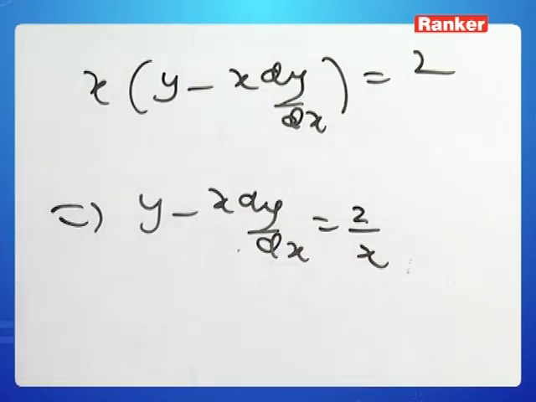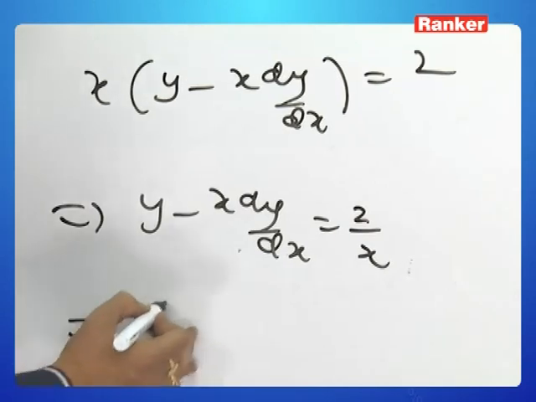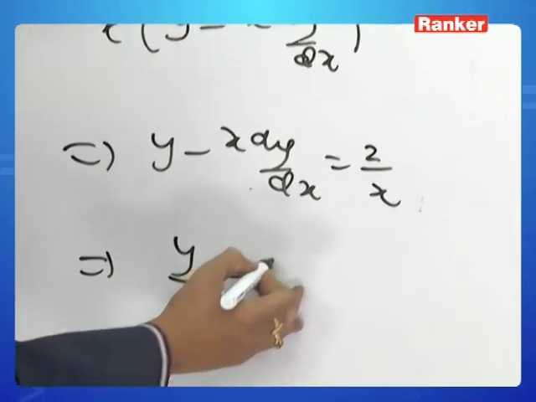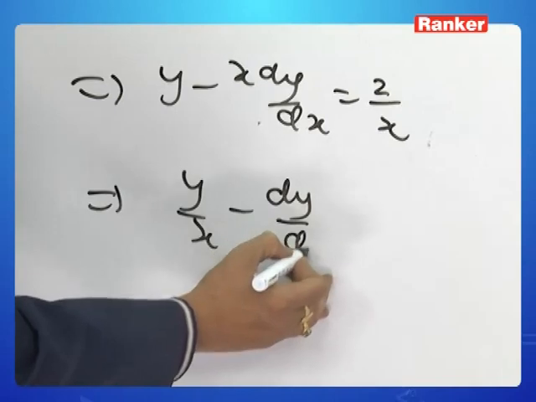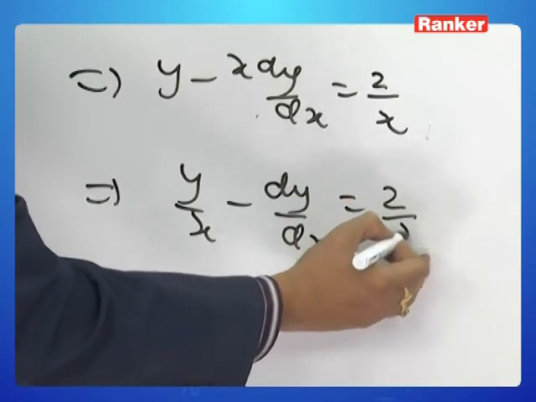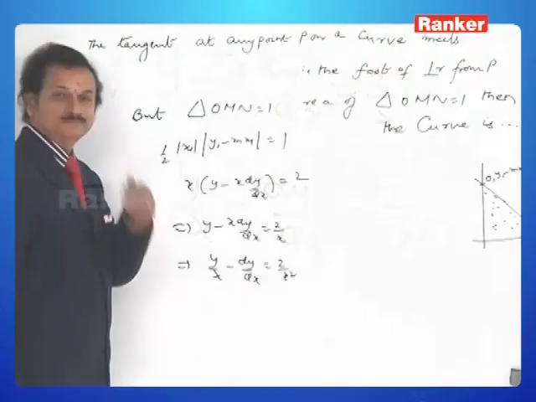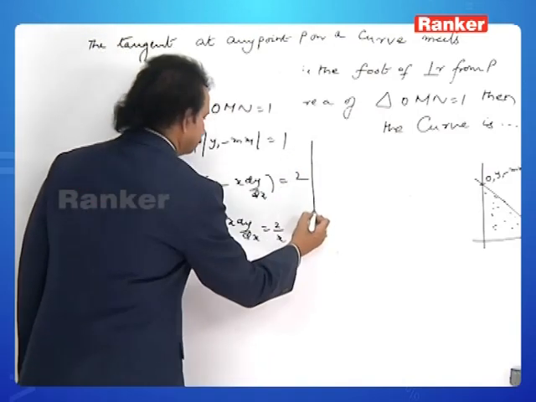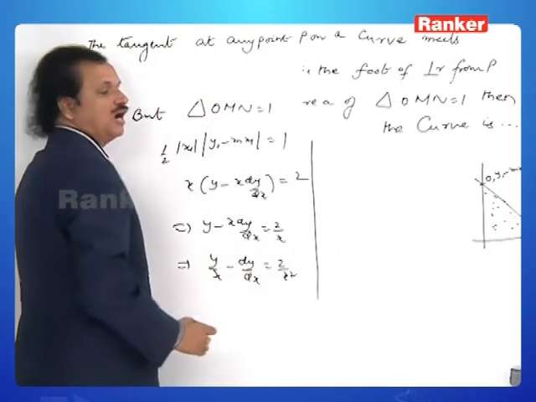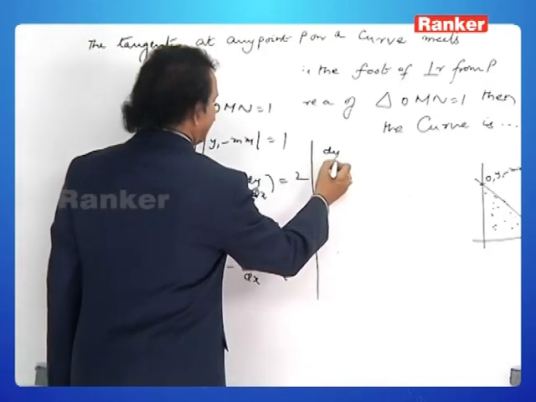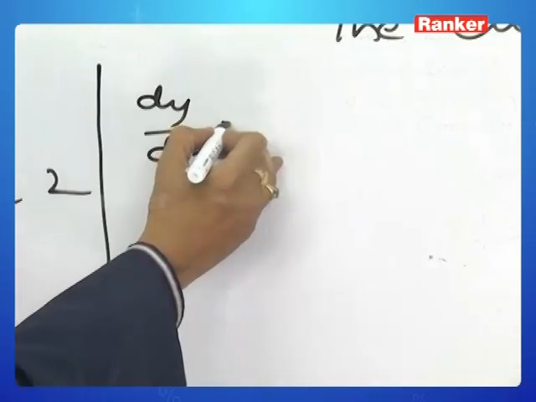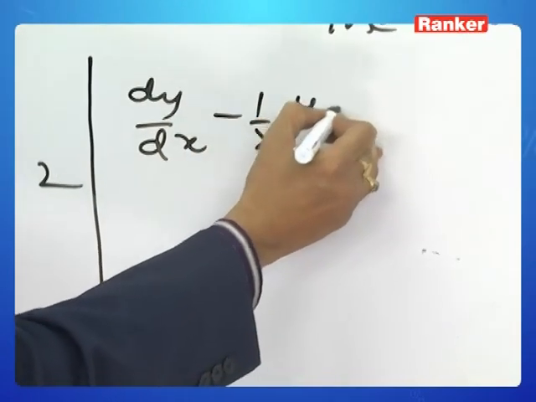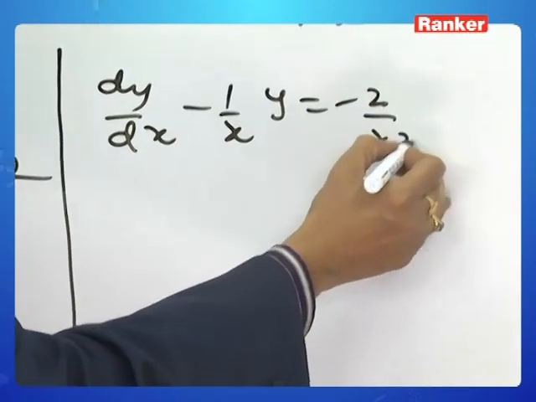Implies y by x minus dy by dx is equal to 2 by x square, or dy by dx minus 1 by x into y is equal to minus 2 by x square.